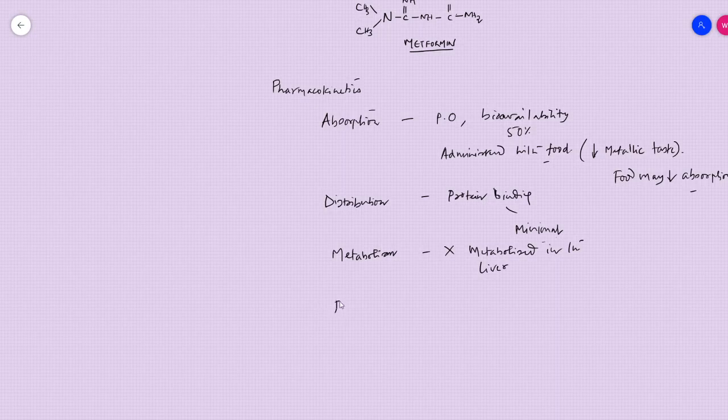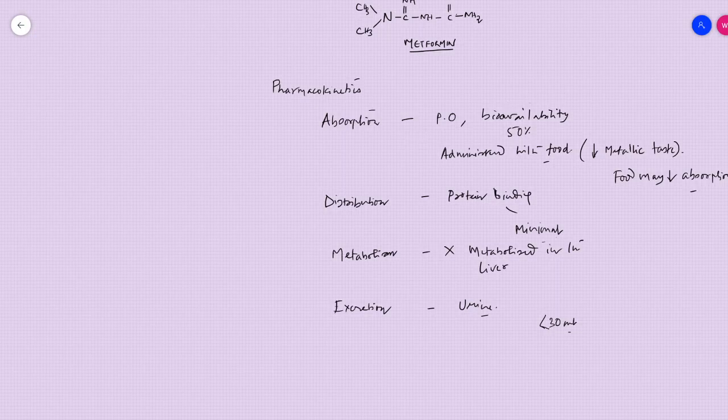And excretion. It is excreted through the urine. So that is the reason we should be concerned about renal failure. If there is a decrease in glomerular filtration rate to less than 30 ml, then this drug can accumulate in the body, and there is increased chance of lactic acidosis. But the important point in pharmacokinetics is that it is excreted through the urine.